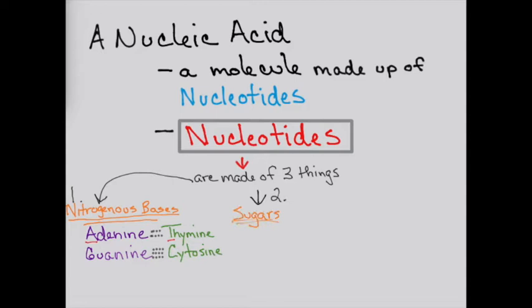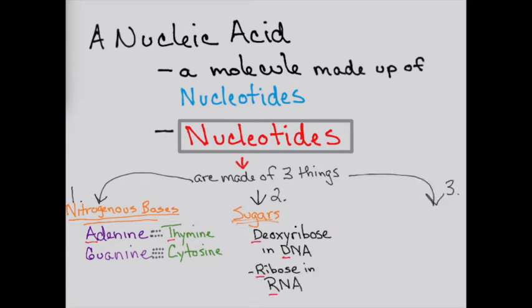Number two, there's a sugar group, and it's deoxyribose in DNA, and it's just called a ribose sugar in the RNA molecule. The third part is simply a phosphate group. So I'm going to give you the complicated looking shape of DNA right now.